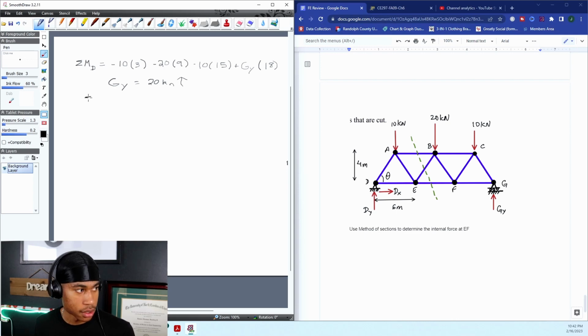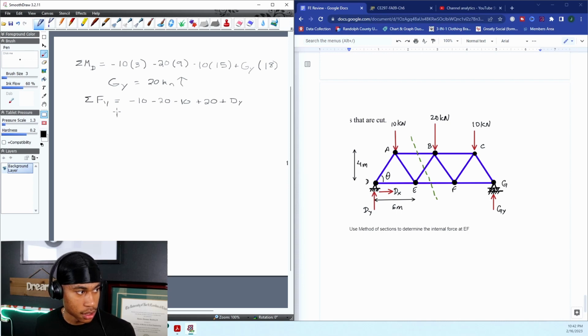All right, so now we can do the sum of the forces in the y is equal to, well, we got negative 10 kilonewtons down, right? We got negative 20 down. We got negative 10 down, and then we got plus 20, and then we got plus Dy.